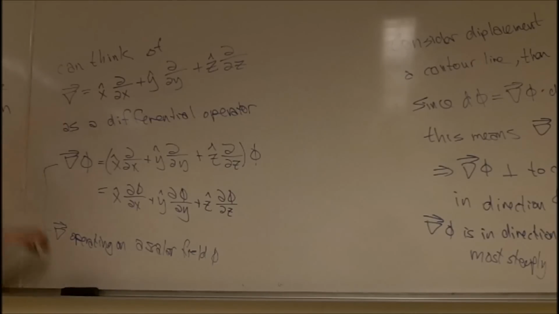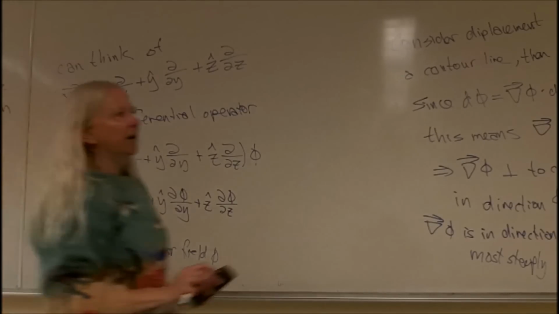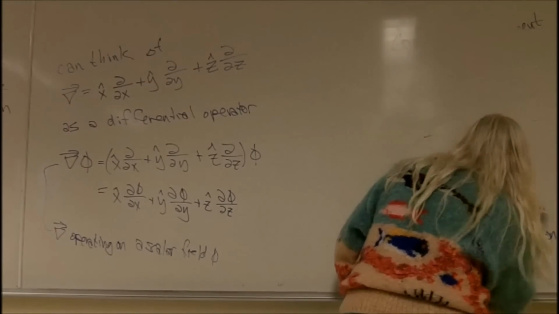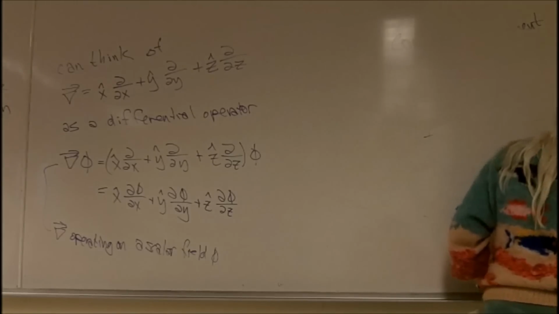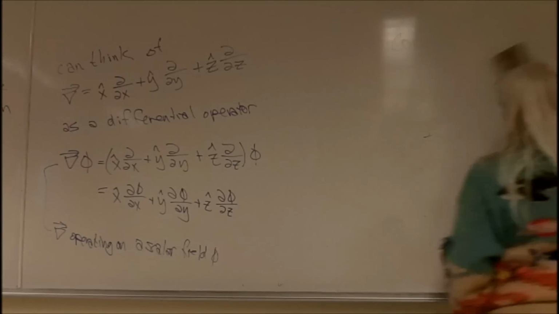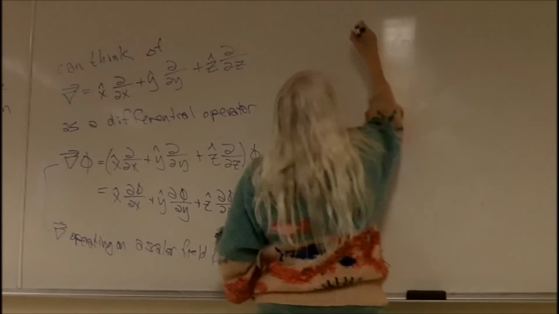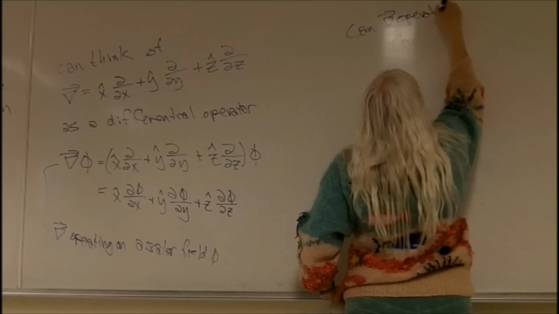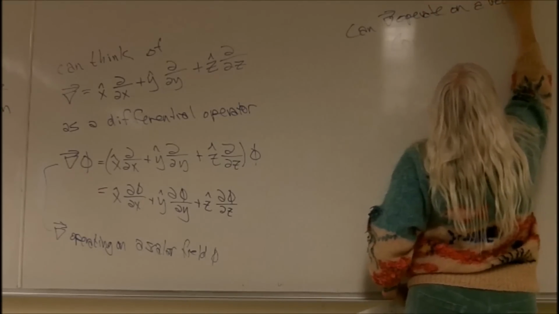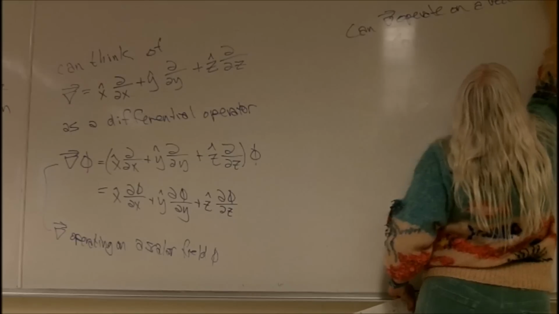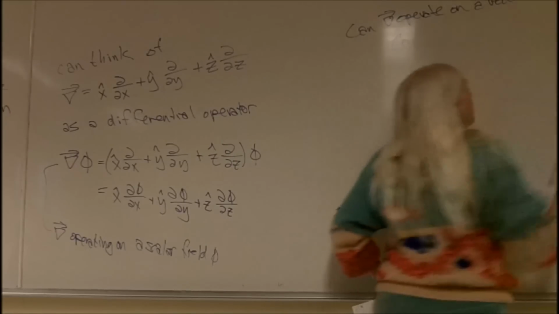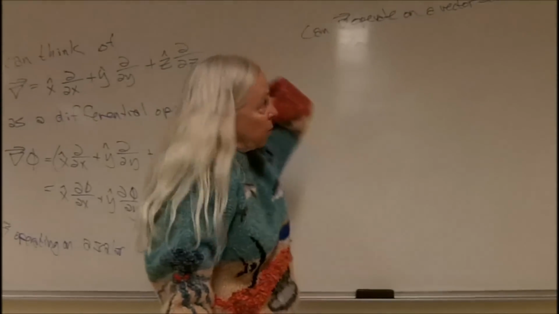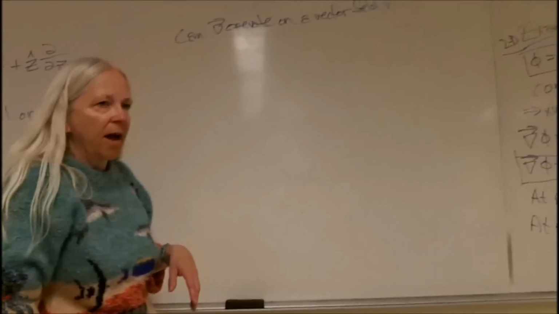Can this del operator, instead of operating on a scalar field, operate on a vector field? Okay, so some vector field V. So remember what that means. V is a vector. Its components, Vx, Vy, and Vz, are each functions of x, y, and z.